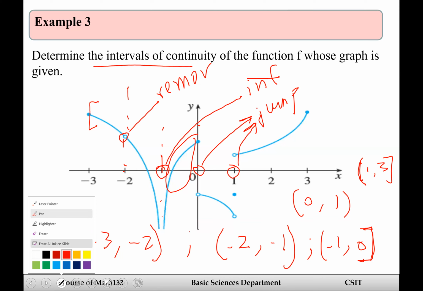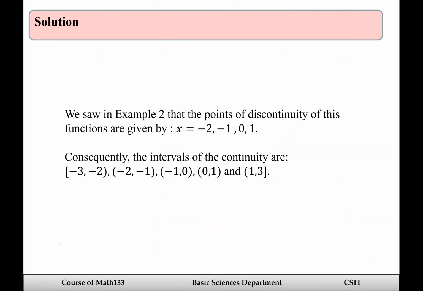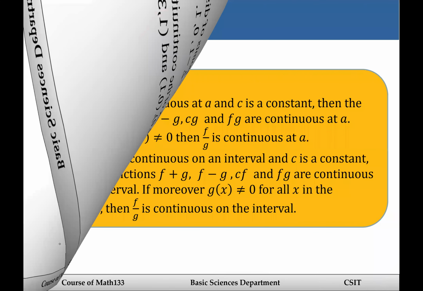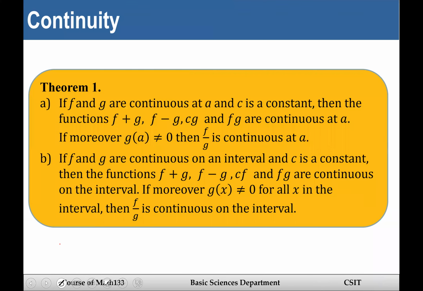Good. Let's continue now. Here are the solutions, of course. We have these rules for the continuity. If we have two functions f and g continuous at a, then the addition or subtraction or multiplication by a number and the multiplication of two functions are all continuous at the point a.